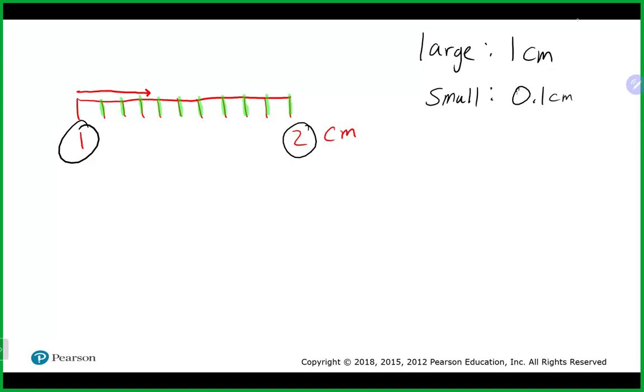I get that by taking 1 and dividing it by 10, the number of small markings. So this is 1.1, 1.2, 1.3, 1.4, 1.5, 1.6, 1.7, 1.8, 1.9, and 2 as we go across to our next large marking.